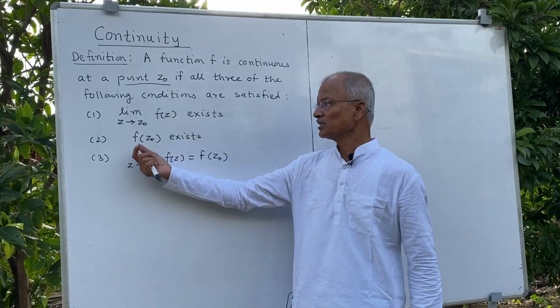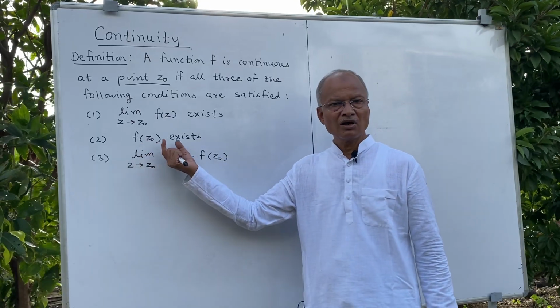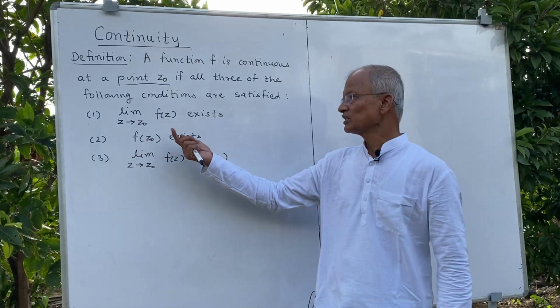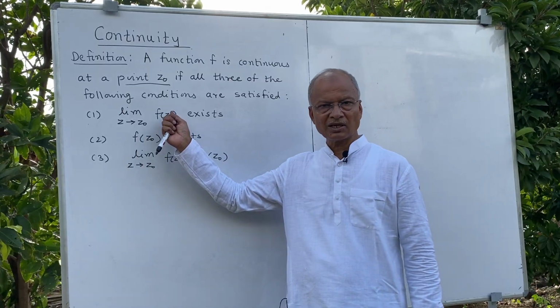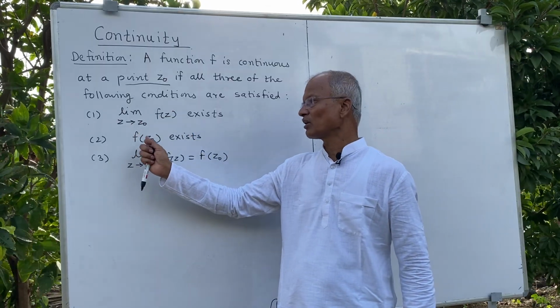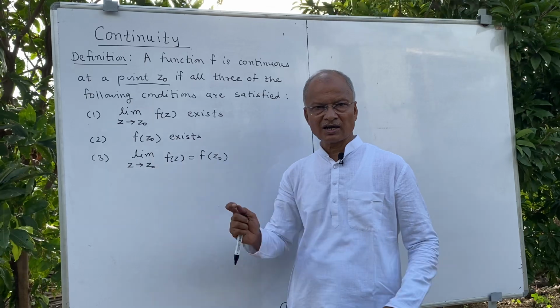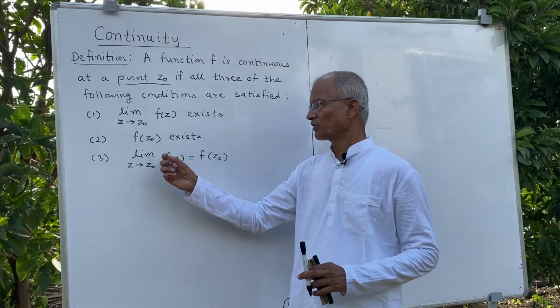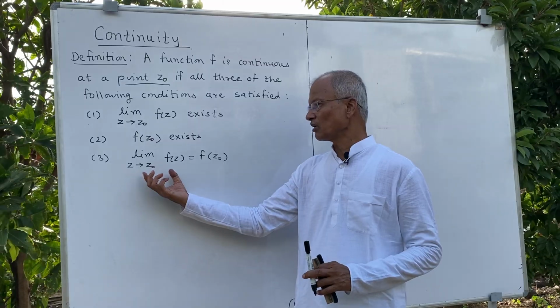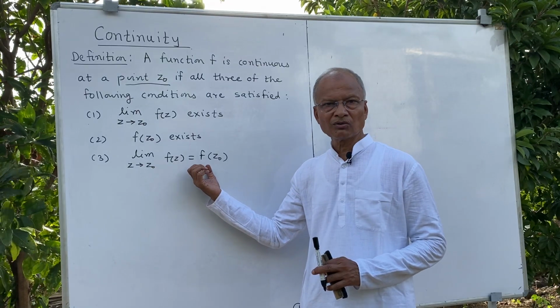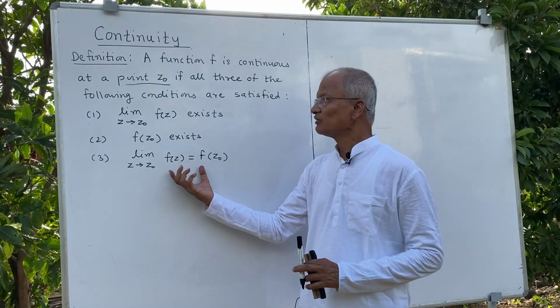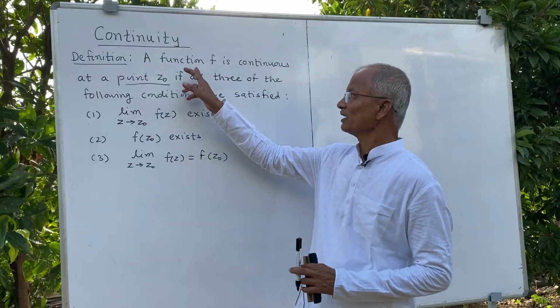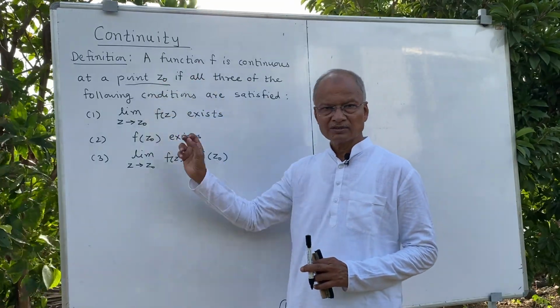The second condition is that the function's value at z naught must also exist. These two are different: the limit of f of z as z tends to z naught, and f of z naught. The third condition is that these two must be equal: the limit as z tends to z naught of f of z must equal f of z naught. Then we say the function f is continuous at point z naught.